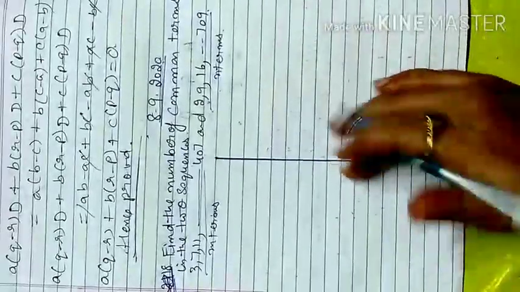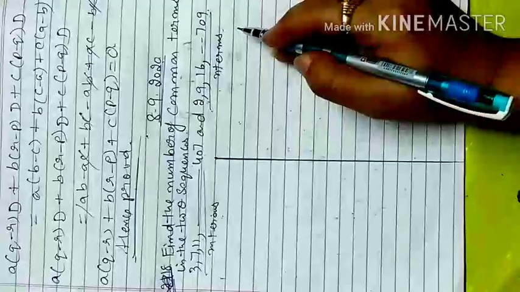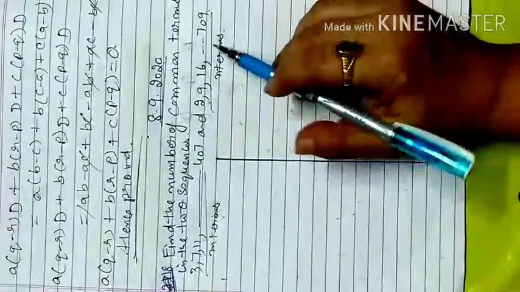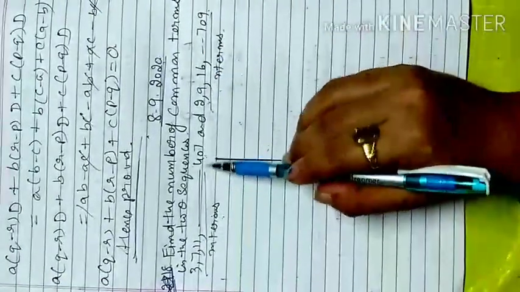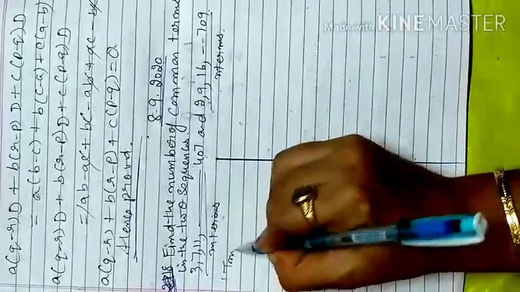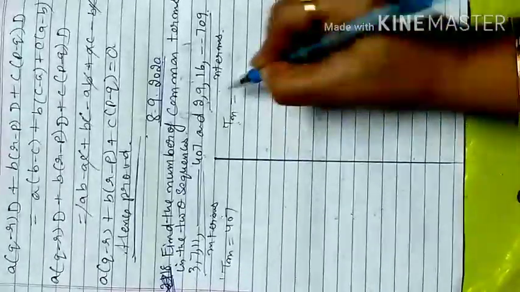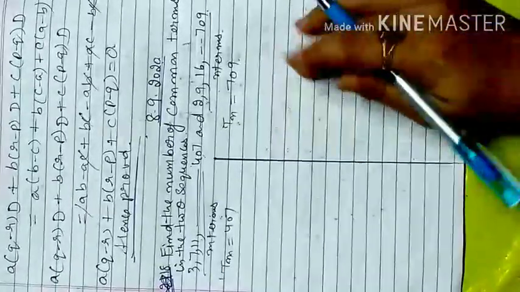So mth term of this series is equal to 407 and nth term of this series is 709.